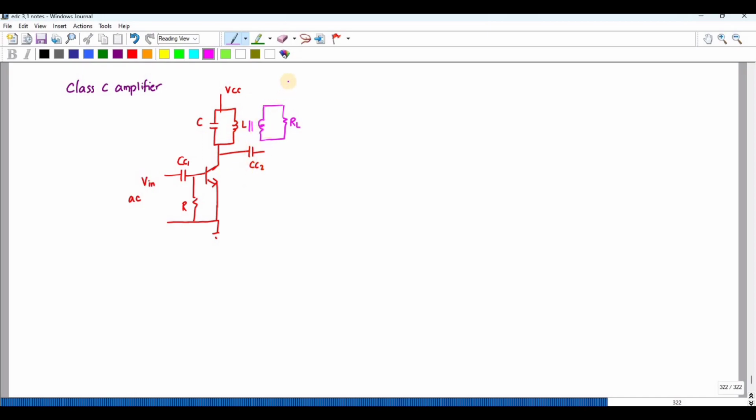So such an amplifier is called a tuned amplifier, and I have already told you it is used for high frequency RF applications.